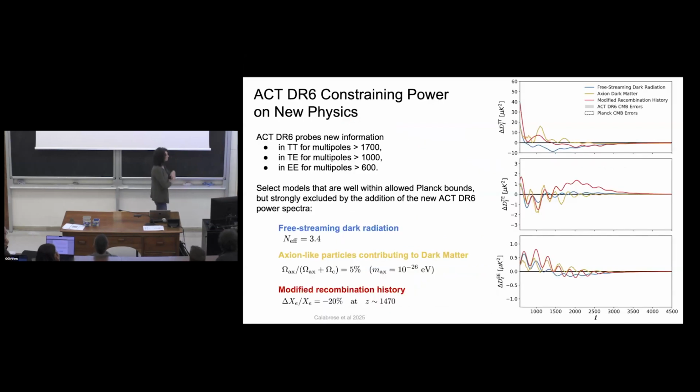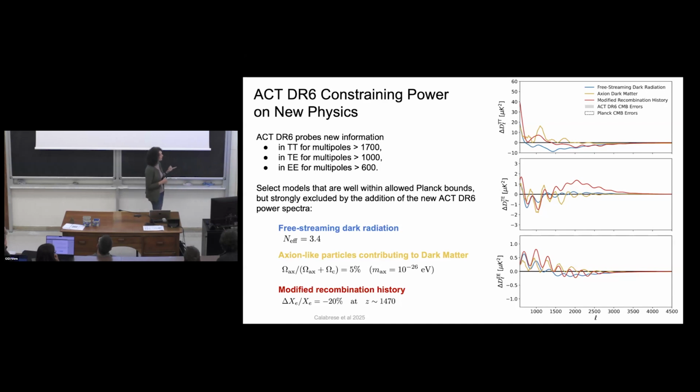But before going into the details of what is the cosmological answer, we wanted to explain to the community how we were going to be providing constraining power on new physics. And so what you see here are model differences for the three power spectra that I mentioned earlier, for three select non-standard cosmological models.